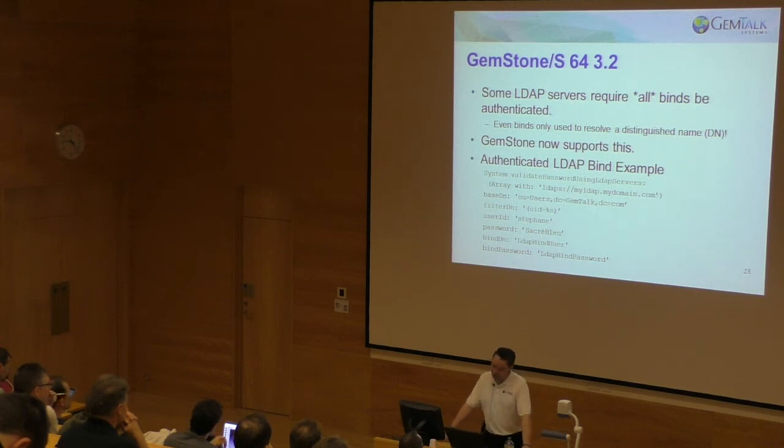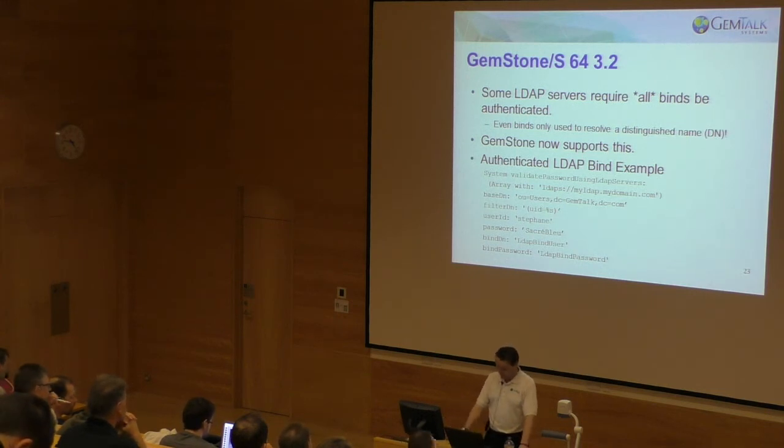So long story short, you can now, in Smalltalk code, specify what we call a bind DN and a bind password to do the initial lookup to get the distinguished name that you need to do the real password lookup. Anyway, more than you ever wanted to know, but if you use LDAP, we're going that direction because apparently that's the way the world works.